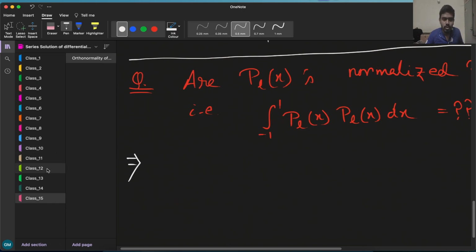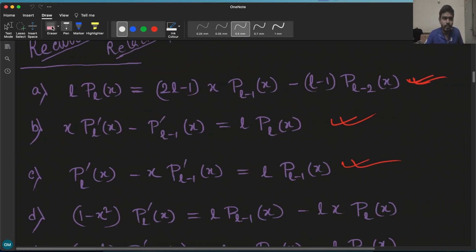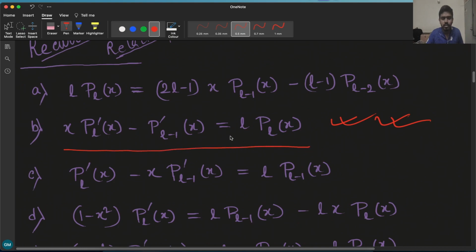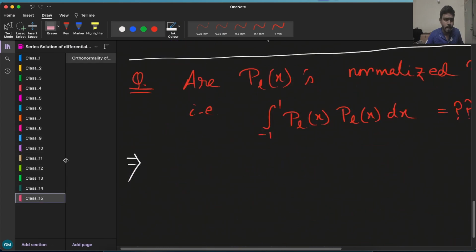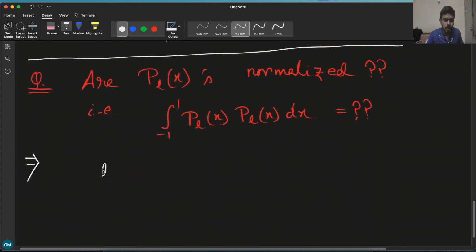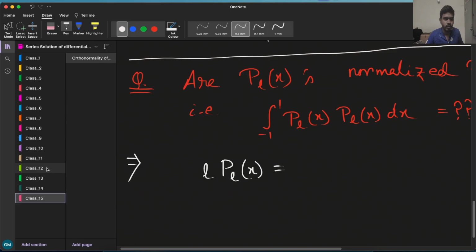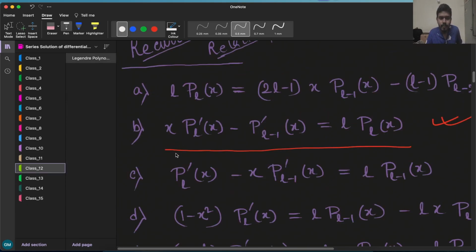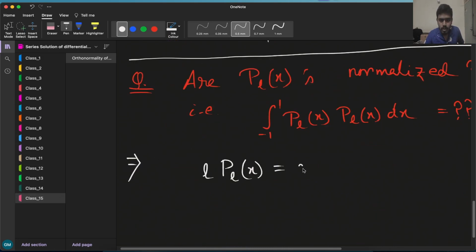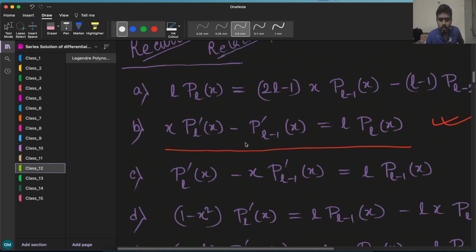Okay, so I will start with this recurrence relation B. If I write the right hand side first, it is l P_l(x). So l P_l(x) equals x P_l'(x) minus P'_{l-1}(x).